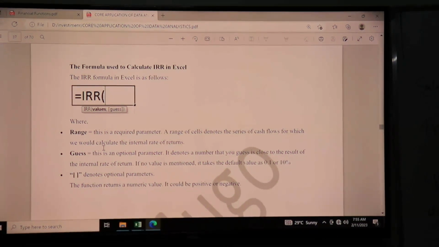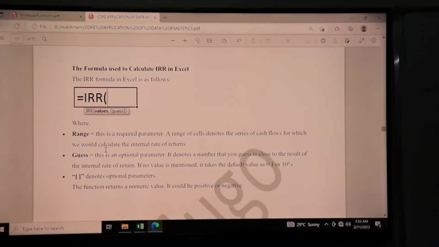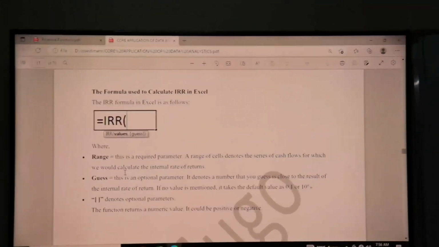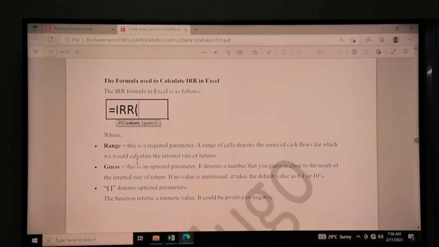The second parameter is guess, and this is an optional parameter, meaning that it is not a must. You don't have to put it if it is not provided. Guess here means you guess a number that is close to the result of the internal rate of return that you wish.